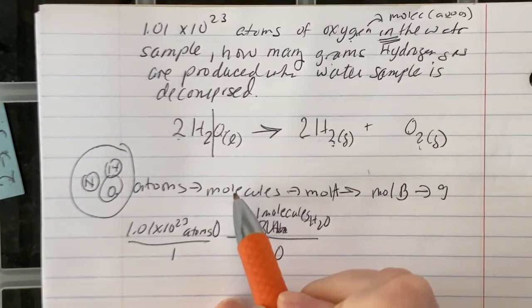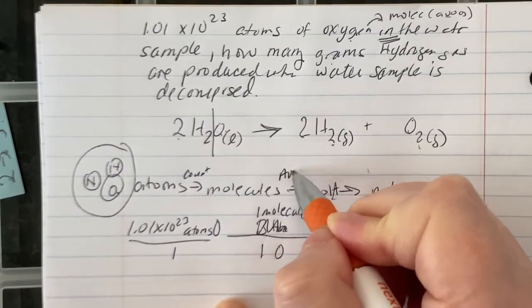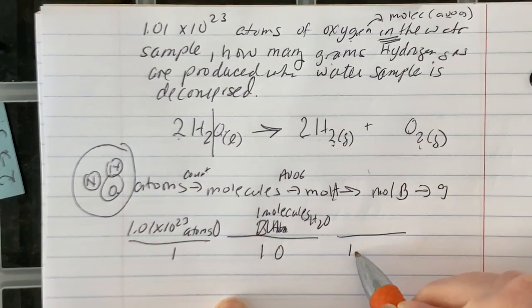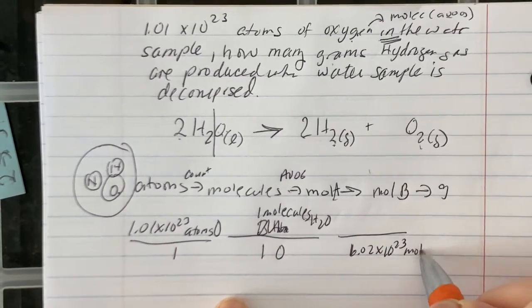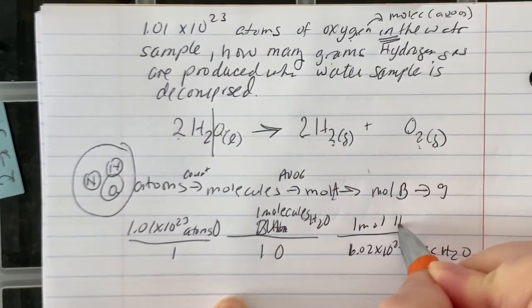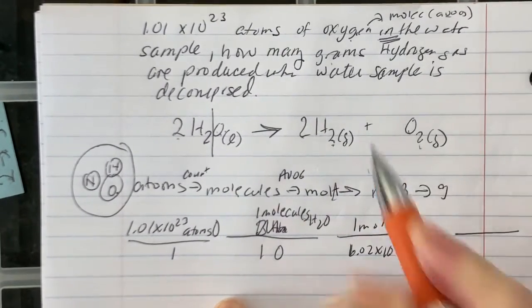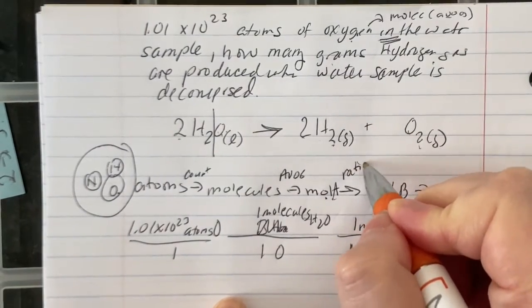Now we have to go from molecules to moles, which we use Avogadro's. There's 6.02 times 10 to the 23rd molecules of H2O in 1 mole of H2O. And now we have to go from mole A to mole B. That's our mole ratio.